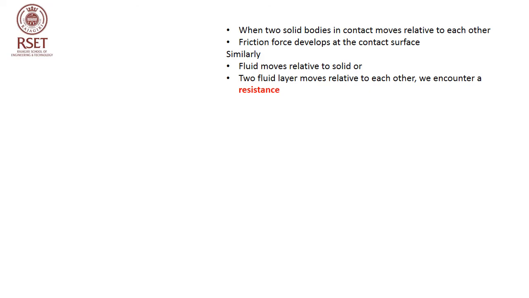When two solid bodies come in contact, there will always be friction at the contact surface. Similarly, for fluids also, the resistance of flow occurs. There will be a resistant force existing.